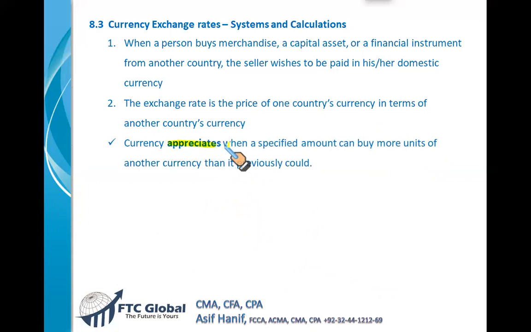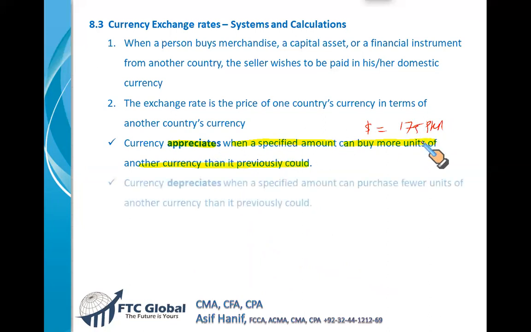Currency appreciation is when a specified amount can buy more units of another currency. Now your $1 can purchase 175 PKR. So we can say the dollar has appreciated. And looking at it from the other side, you can say that the PKR has depreciated. A currency depreciates when a specified amount can purchase fewer units of another currency. $1 is equal to 175 means the dollar has strengthened.